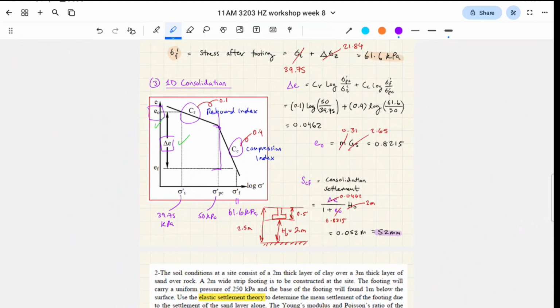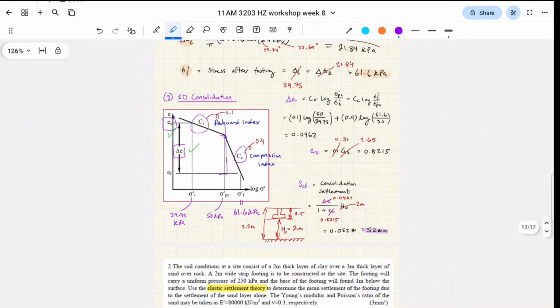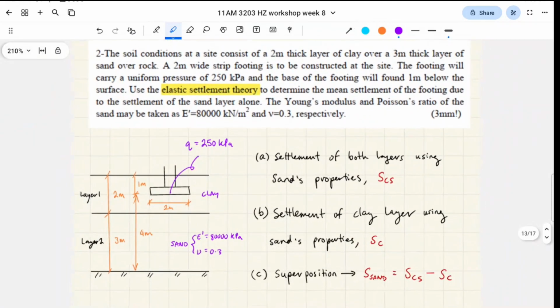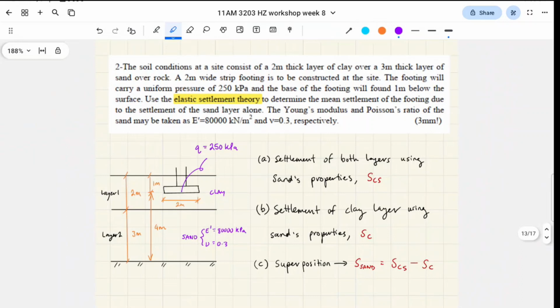As in, I'll do a third question, but it's going to be question 4. So question 3 is similar to the sand question that we did, right? But the idea is that we have multiple layers. And we just care about the settlement of the sand.